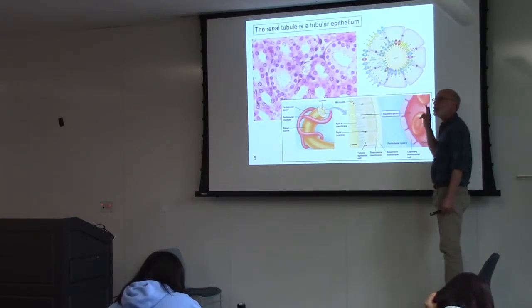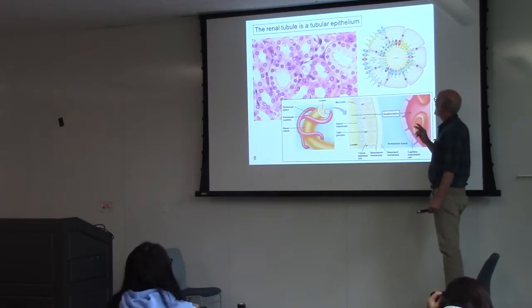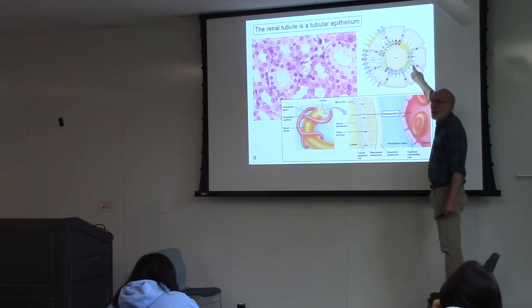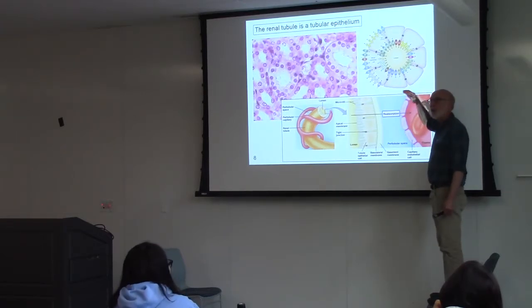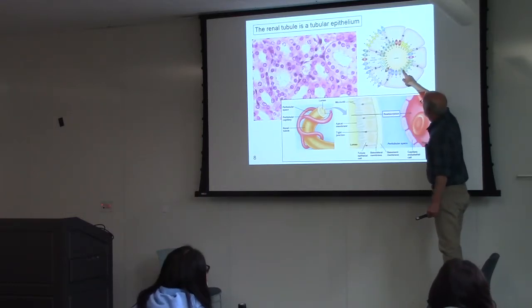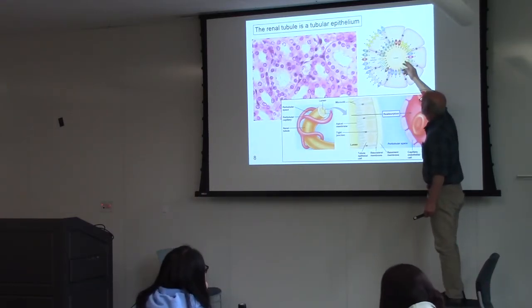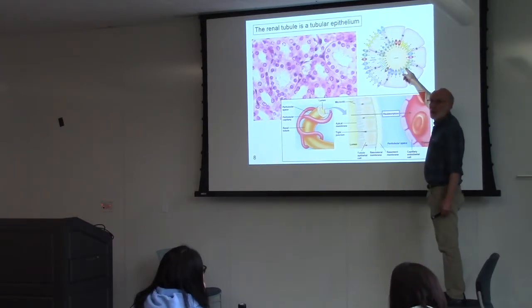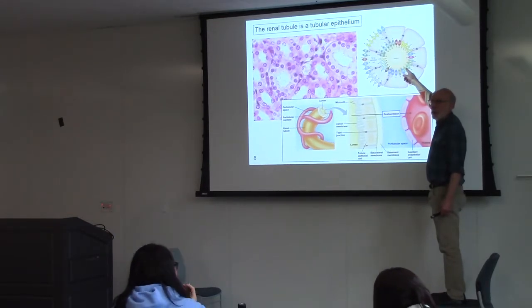And you'll see that it has 3 critical components of its membrane. And I want you to know the names of these parts of the membrane. This membrane that is lining the lumen of the tubule is called the apical membrane.